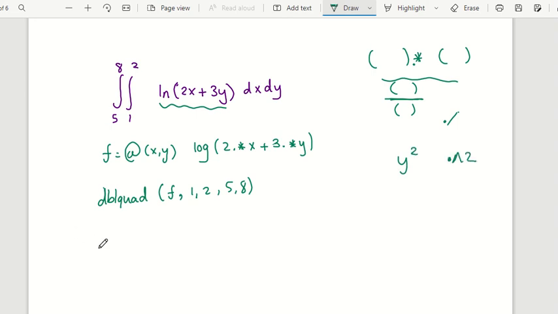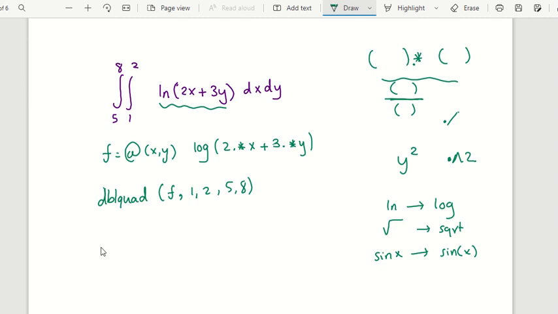So be careful about it. Now the shortcuts: if you have ln, it will be log. If you have square root, it will be sqrt. For sine and cosine, it will be the same: sine x, bracket x. Cosine, tan, all the same.